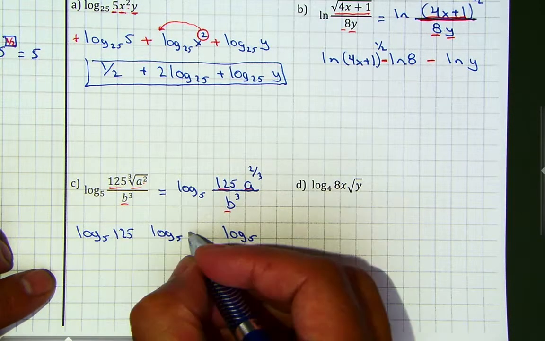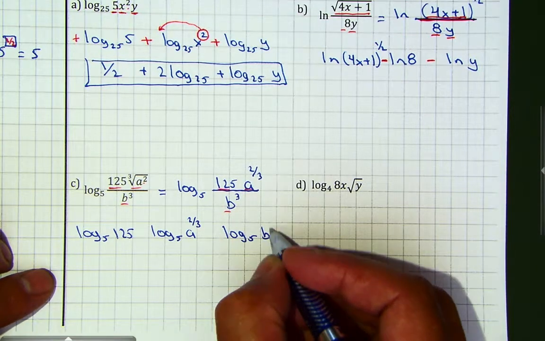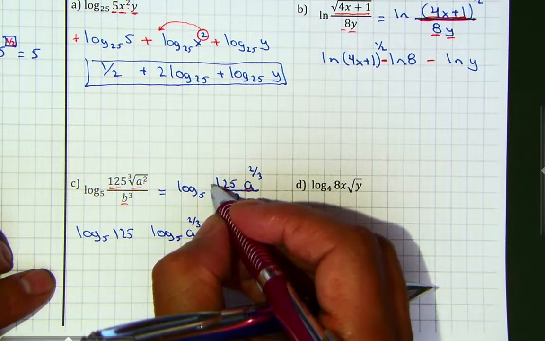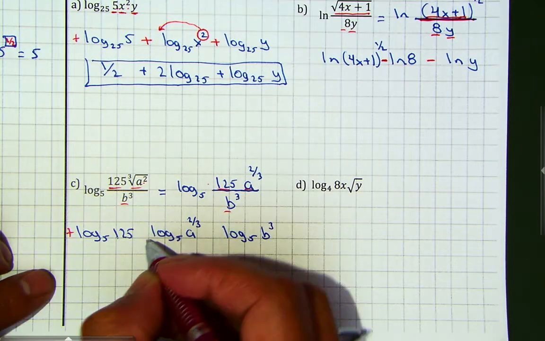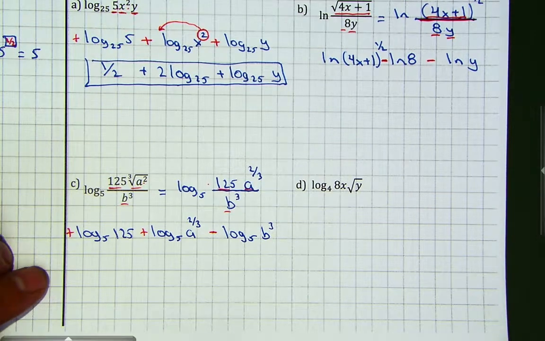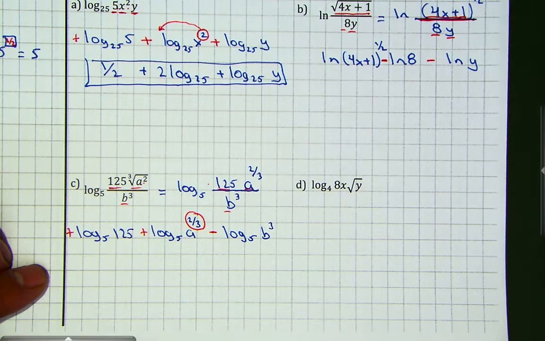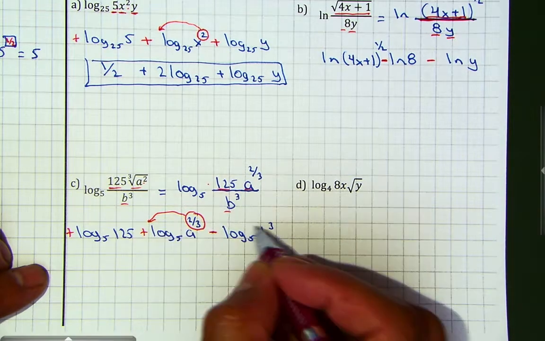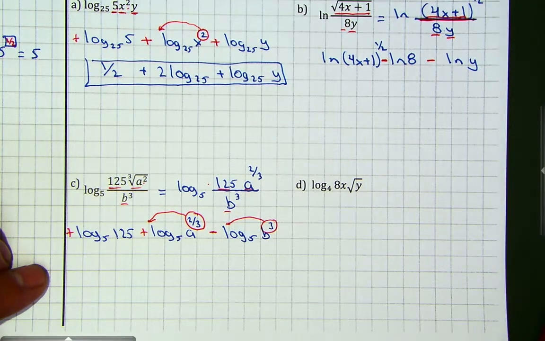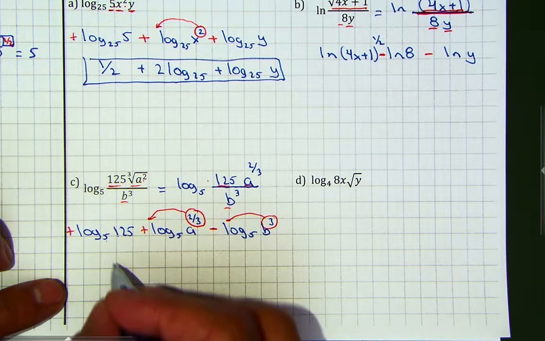The second one gets a to the 2/3 and b to the 3rd. If they're on the numerator, they get plus. If they're on the denominator, they'll get minus. And the last step is to be able to move my exponent as a coefficient. Log base 5 of 125 will be 3.